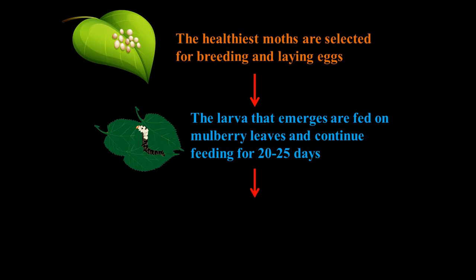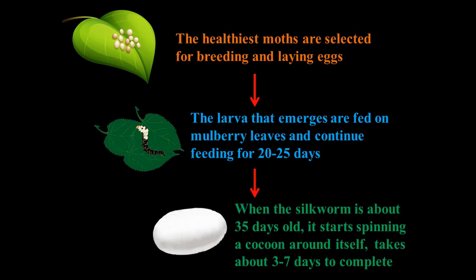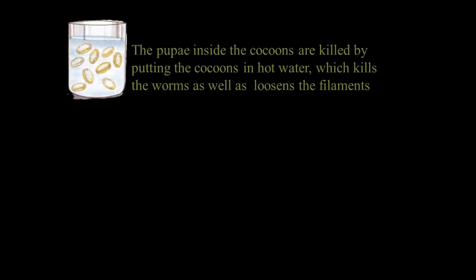Then, when the larva is about 35 days old, it starts spinning a cocoon around itself and takes about 3 to 7 days to complete it and turn into a pupa. Now, in the next step, the pupae are killed inside the cocoons by dipping them in hot water, which loosens the filament.